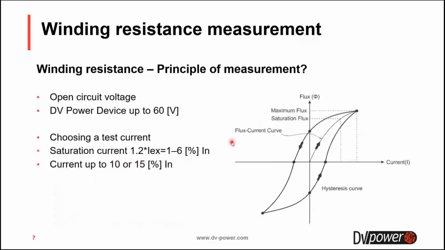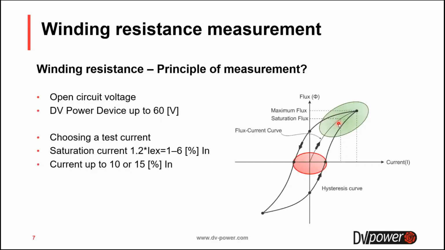One of the main things when we perform winding resistance measurements is how we choose the appropriate current. The red area is the problematic area. If we choose a current in this area, we would probably not be able to saturate the magnetic core, and thus the reading would be unstable. What we need to do is choose current in the green area.